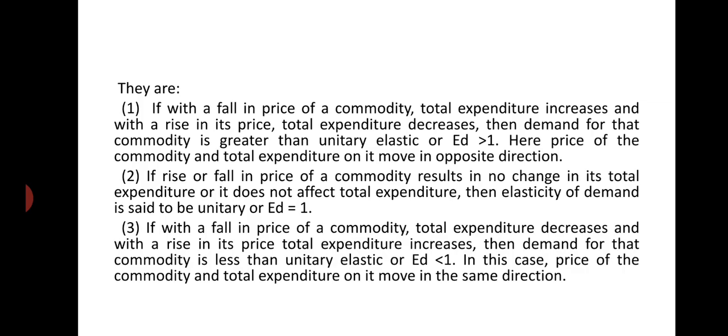Then demand for that commodity is less than unitary elastic, or ED is less than 1. ED is less than 1 if both the price and total expenditure move in the same direction. When price increases, total expenditure increases. When price decreases, total expenditure decreases.